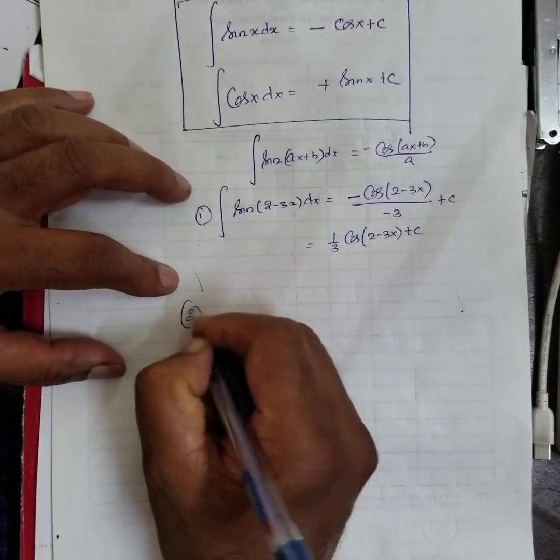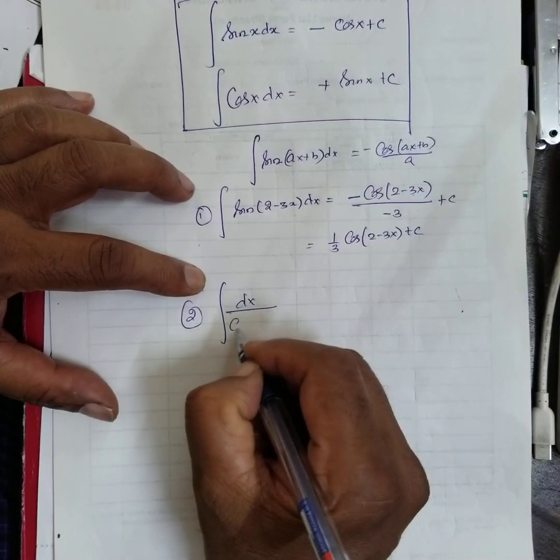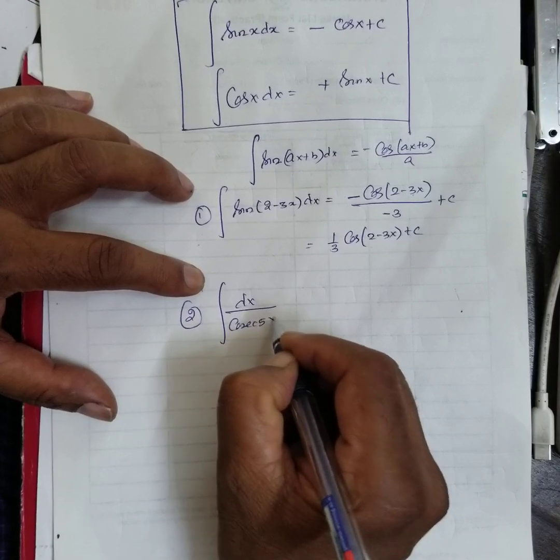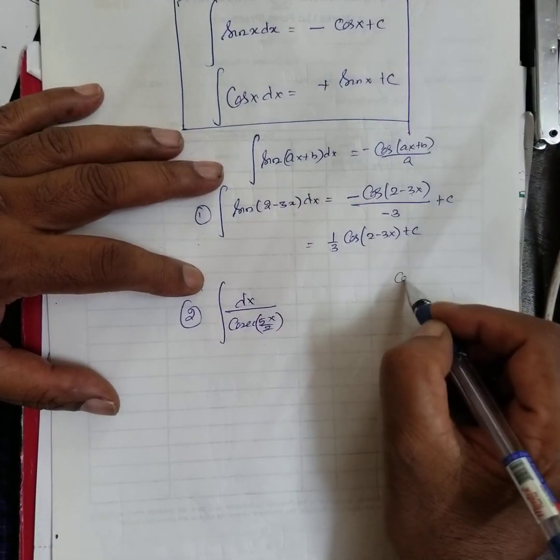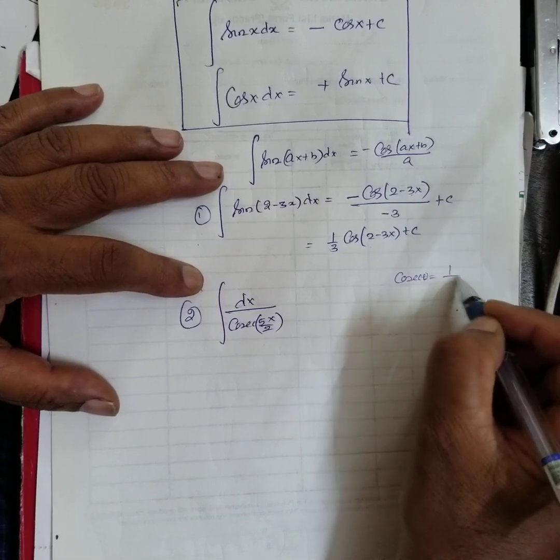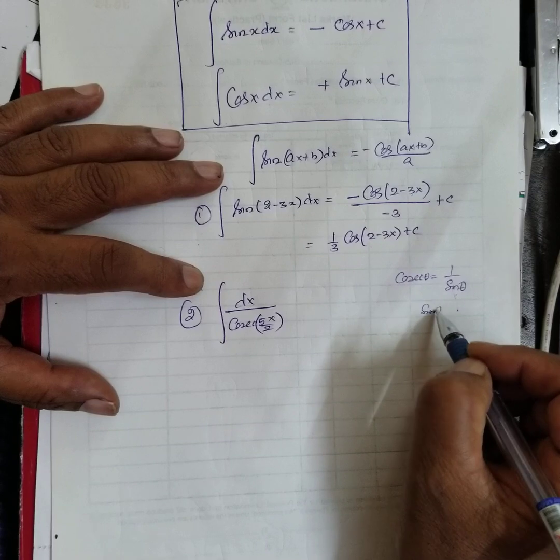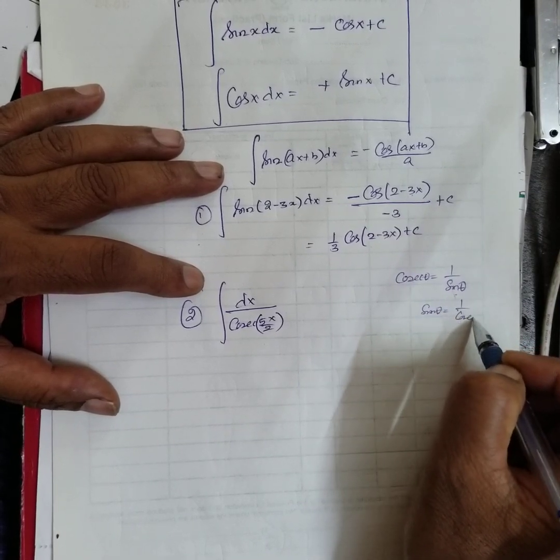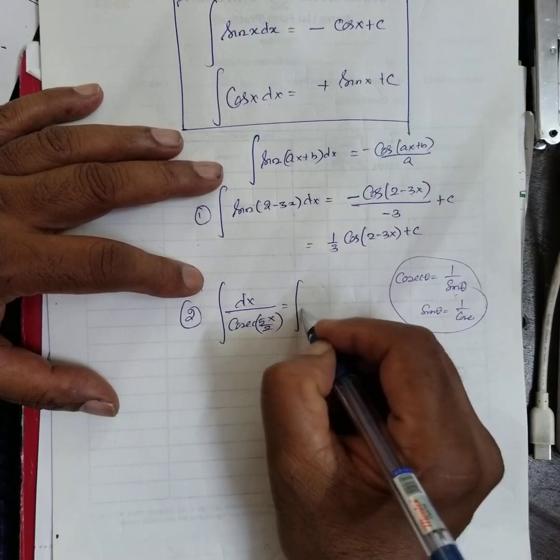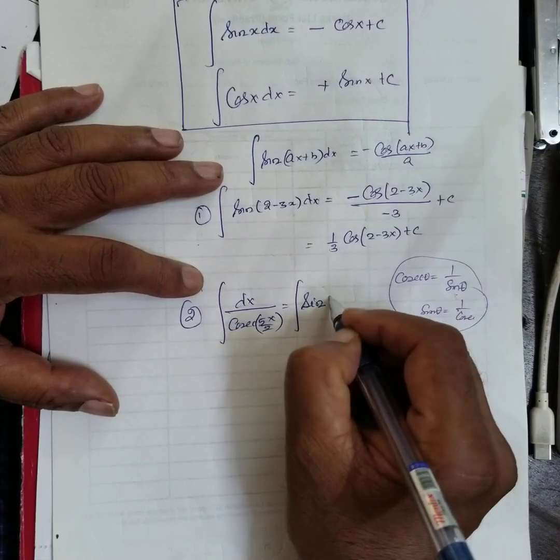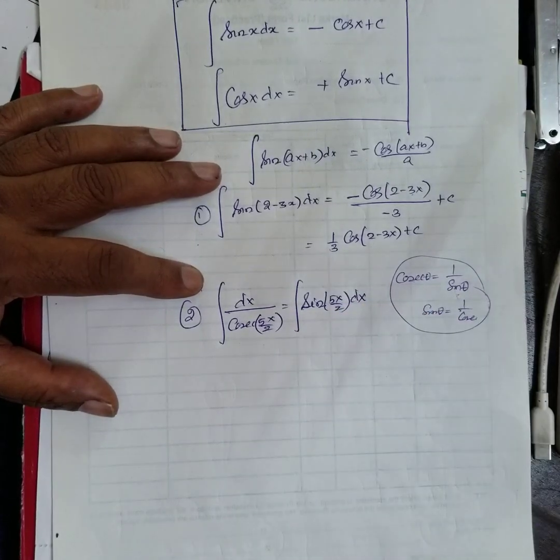Now if they give like this, integration of dx by cosecant(5x by 2). Now what is cosecant theta? 1 by sin theta. Therefore sin theta is equal to 1 by cosecant theta. You know this. Therefore this is integration of sin(5x by 2) dx.